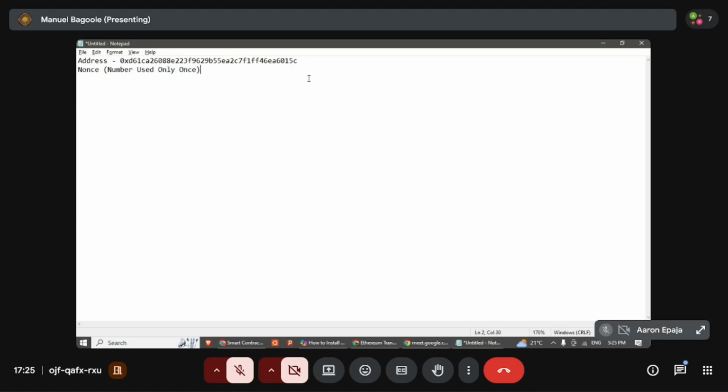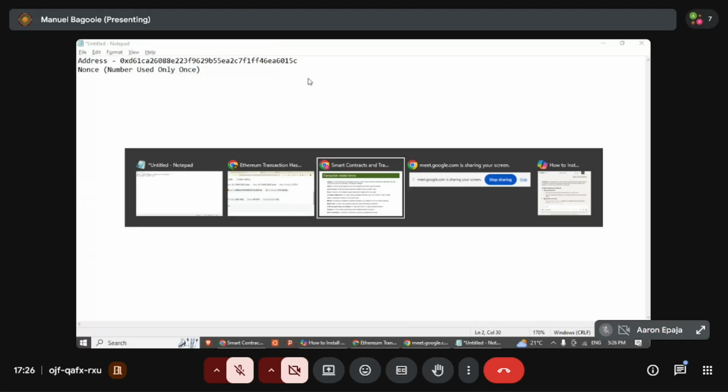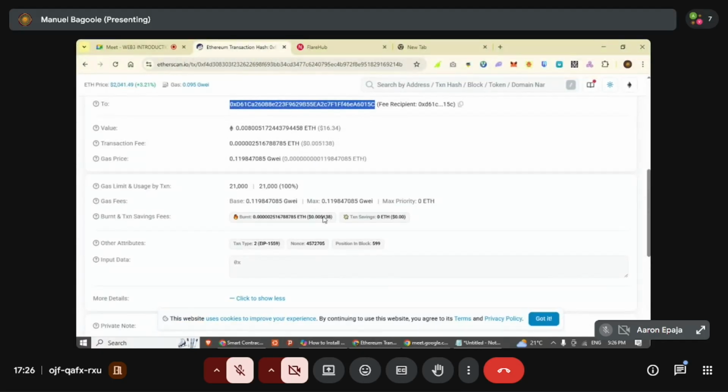So for every single address, there's a counter that generates numbers, which can never repeat themselves for a specific account. And what that means is that there will never be a transaction with exactly the same details as another that has already existed before it, including having the same nonce as another transaction that existed before it.